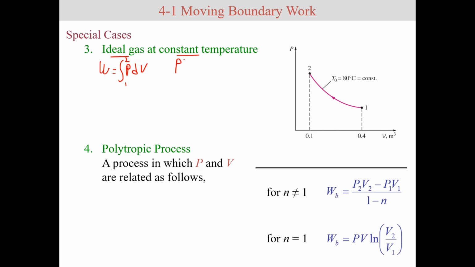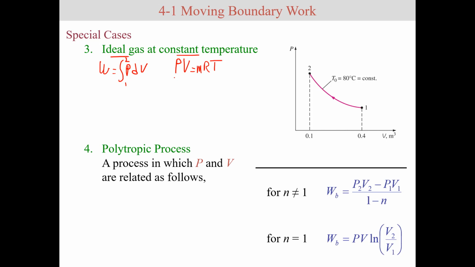Ideal gas, pressure times volume equals mRT. I'm going to take my ideal gas equation and put on one side of the equation things that are changing during this process, and on the other side things that are constant. Sorry, let me rewind a little bit.